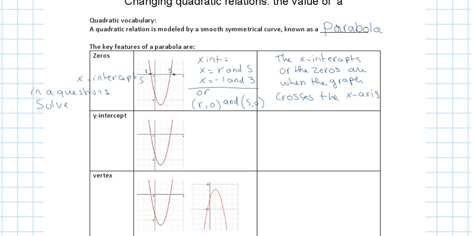When they say find the roots, roots is another word that they use for the x-intercepts. So they can use roots, x-intercept, zeros. They can use all these terminologies, and they all represent the same thing, which is the x-intercept.